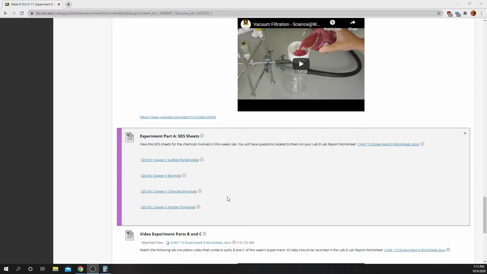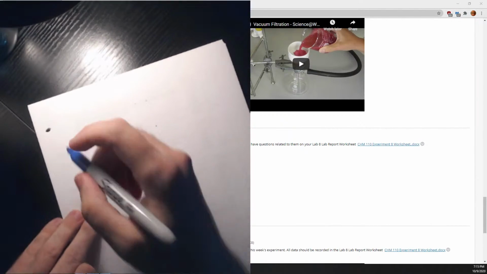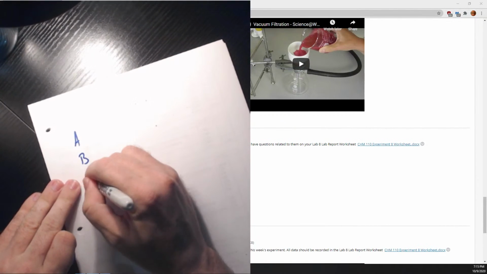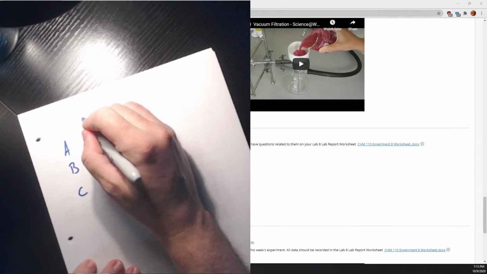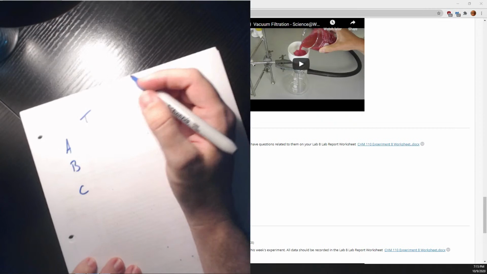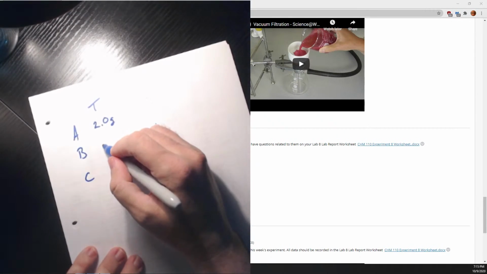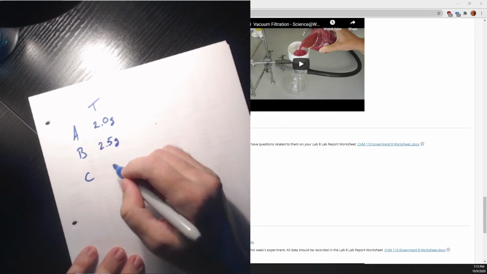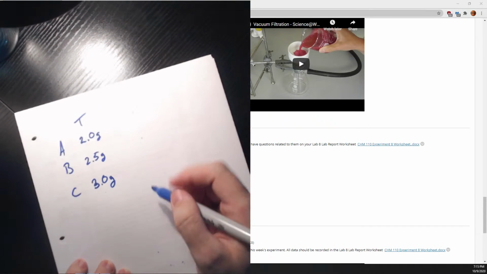Just to make up numbers at random, because I don't want to do these calculations, say you have salts A, B, and C. You do the stoichiometry, and your theoretical yield for A is, say, 2 grams. For B, it's 2.5 grams, and for C, it is 3.0 grams.